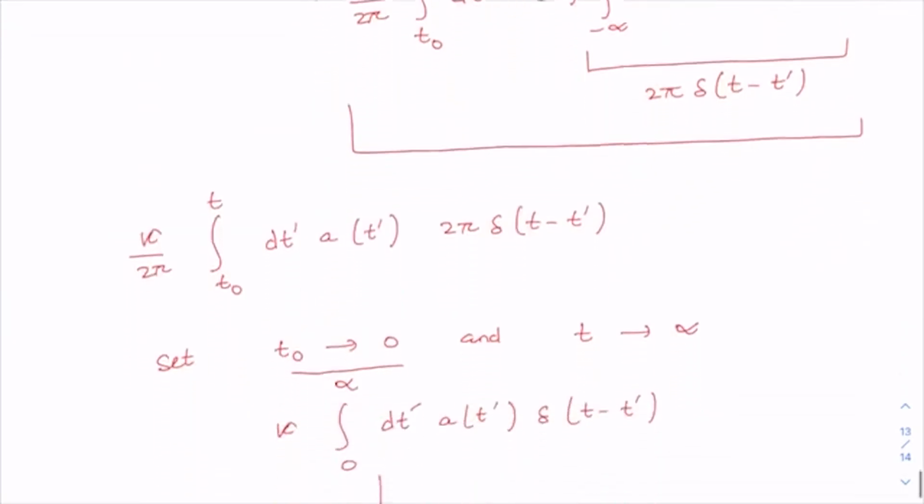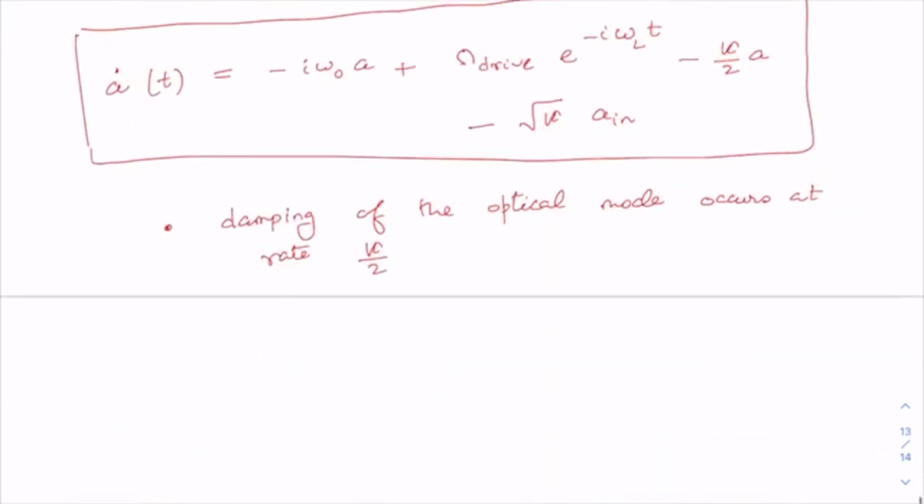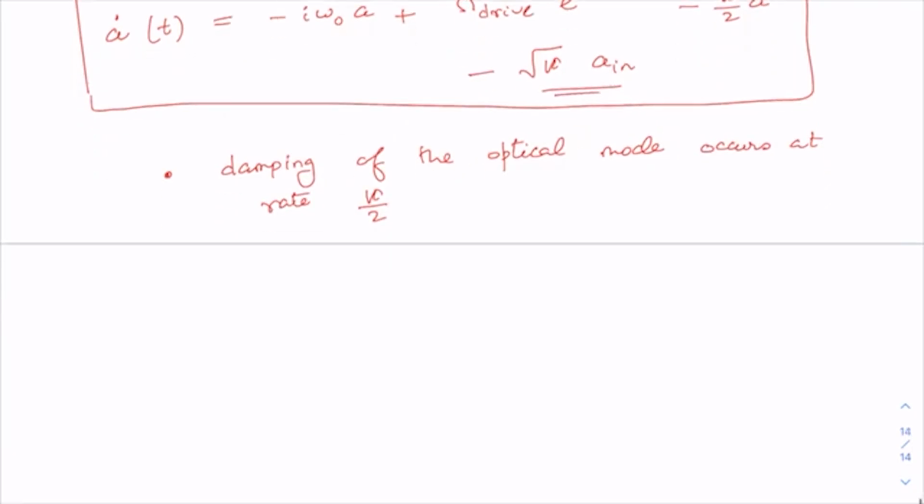All right, and this particular term, the third term here, is very important, and you can recognize that this is nothing but the Langevin noise operator. Since a in has a vanishing mean value, we can show that it has a vanishing mean value, and the autocorrelation is a delta function.